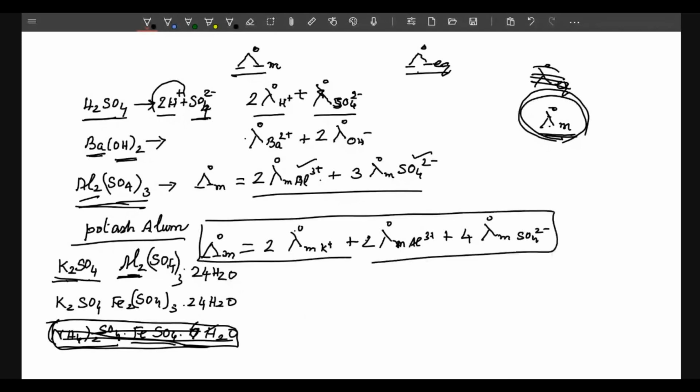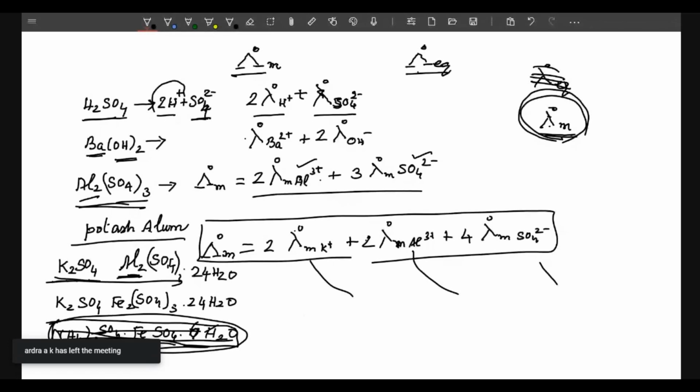You would be provided with the K plus, aluminum and sulfate ion values. You are asked to calculate the total molar conductance of the potash alum. So is the case with a double salt or triple salt, whatever it may be. You can easily calculate based upon this.